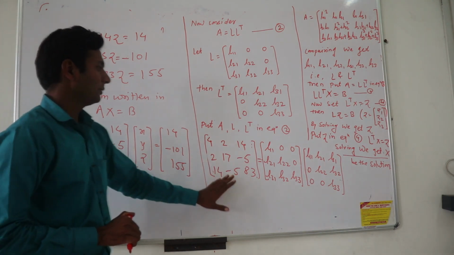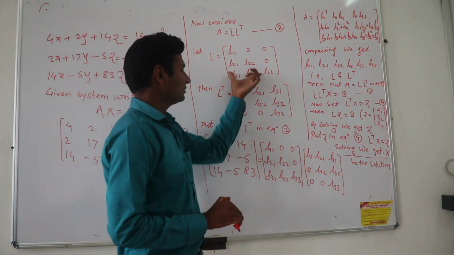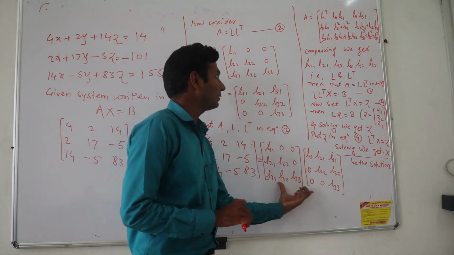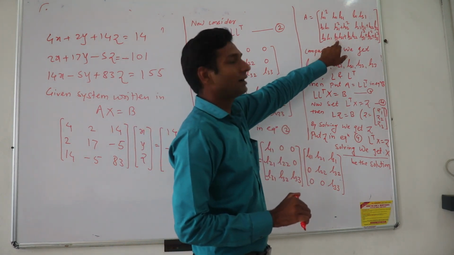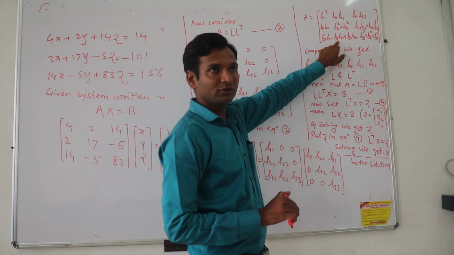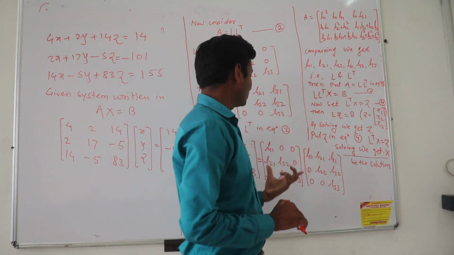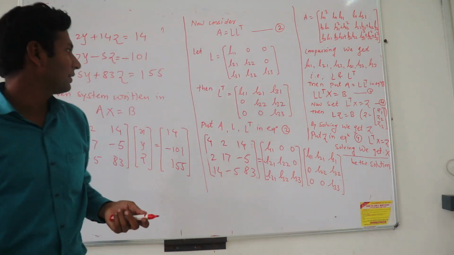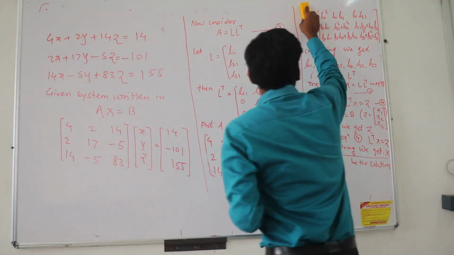I just put the A matrix, and the L matrix and L transpose stay as they are. Now the multiplication of those two matrices, we just saw how it comes: rows are multiplied with the columns. Using matrix multiplication we get this step. So I write the A matrix again here.